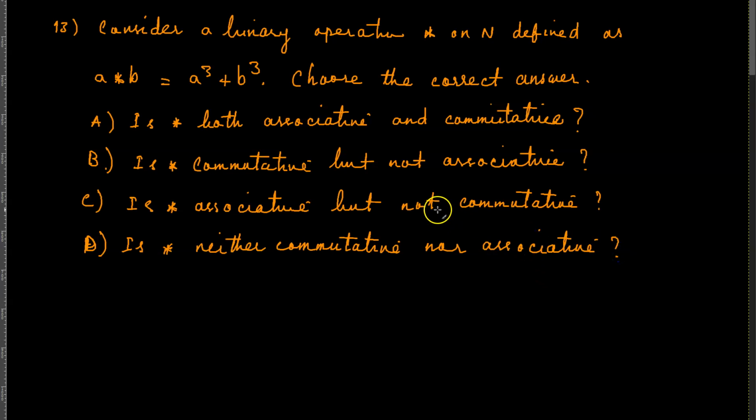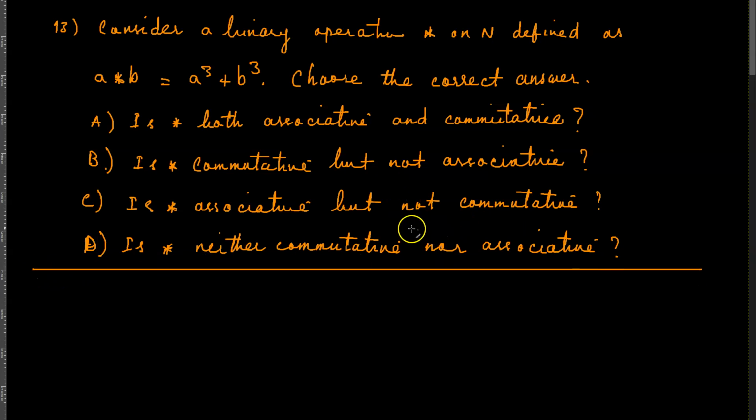Now the answer here is that, since I don't understand the question, I'm just going to simply follow the solution here, see what's going on. And the answer is: on N, the operation star is defined as, this is the solution.